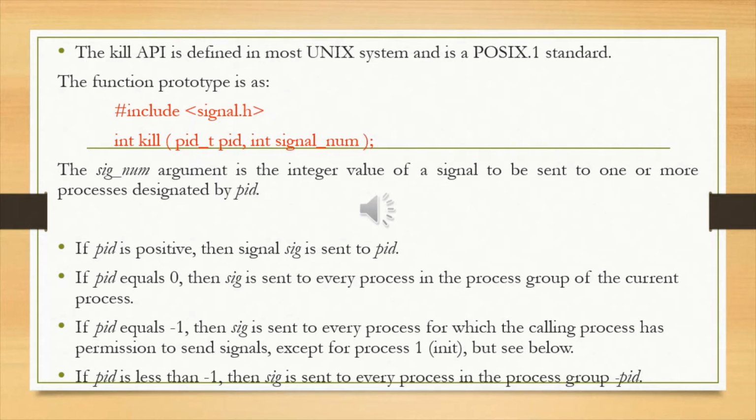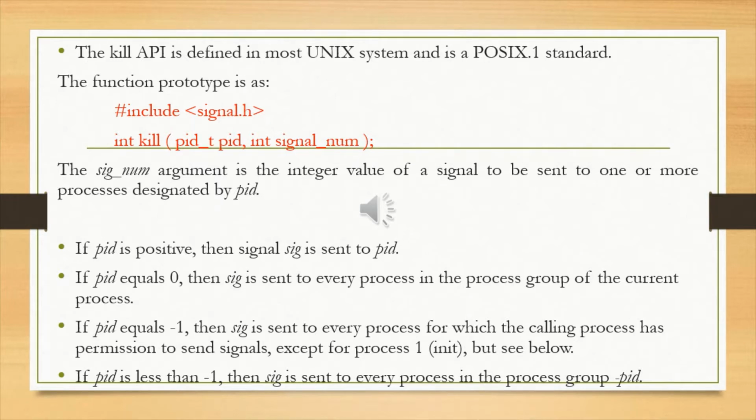The latter case is used when the system is shutting down. The kernel calls the kill API to terminate all processes except 0 and 1.